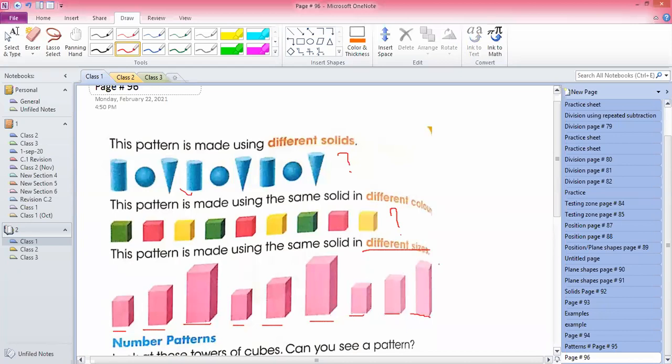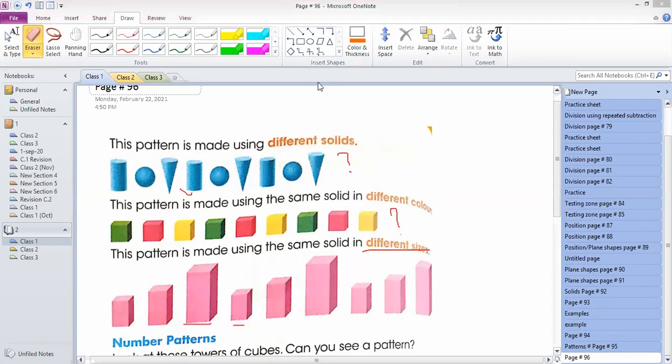So after biggest, again, which will come? Smaller, then bigger, then biggest. It will continue like this. This is bigger, so biggest, then smaller like this, then bigger, and then biggest. In that way it will be completed.